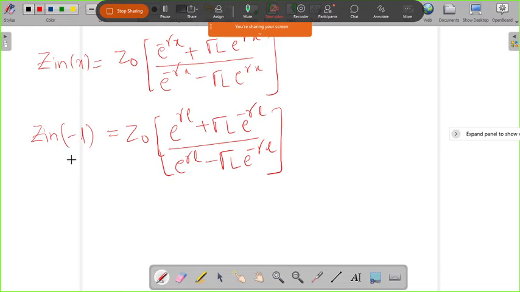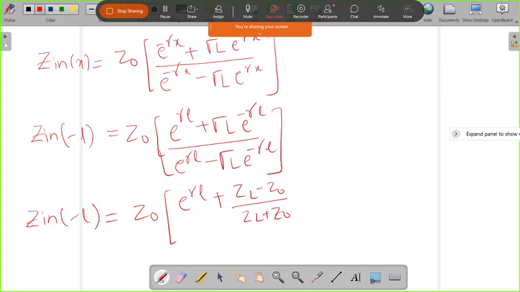Okay. Now if I take the common gamma L here, we will get Zin of minus L equal to Z0 into, where we can substitute gamma L, which is nothing but the reflection coefficient at the load end, ZL minus Z0 divided by ZL plus Z0.